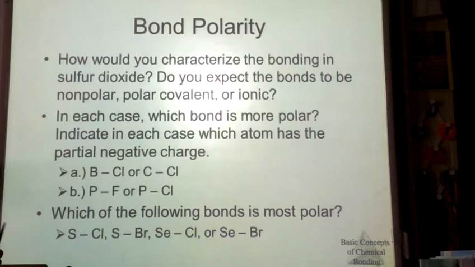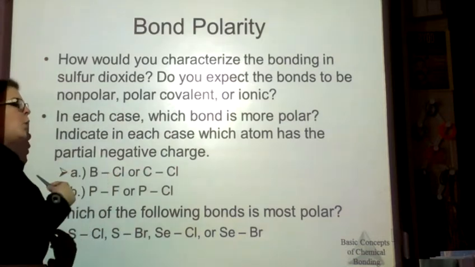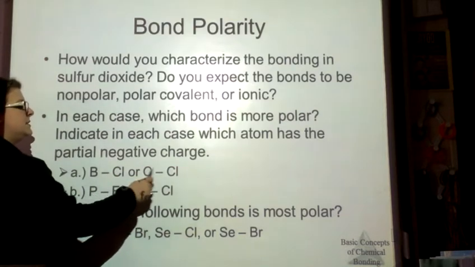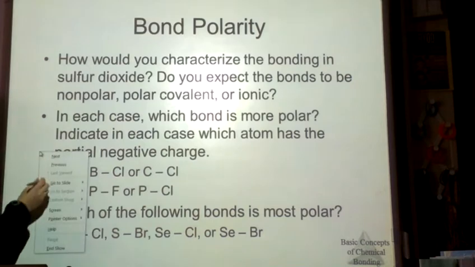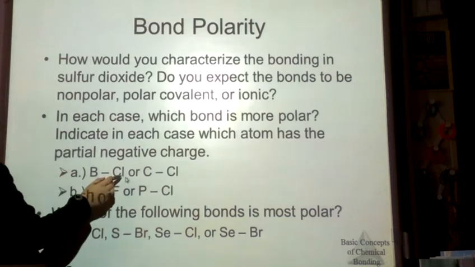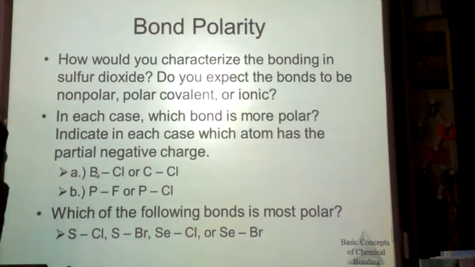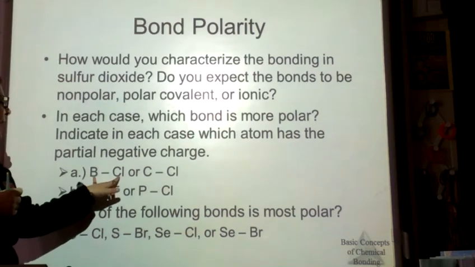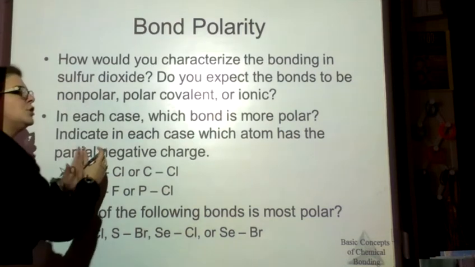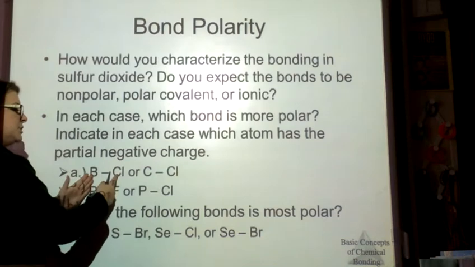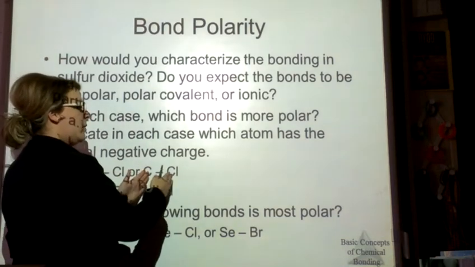In each case, which bond is more polar, and then it says indicate in each case which atom has the partial negative charge. So I'm looking at dipole here, and I want to know, is the BCl bond more polar or less polar than the CCl bond? So boron monochloride, if I'm looking at that on my periodic table, I see that there's a larger amount of space between these two than there is between carbon and chlorine.